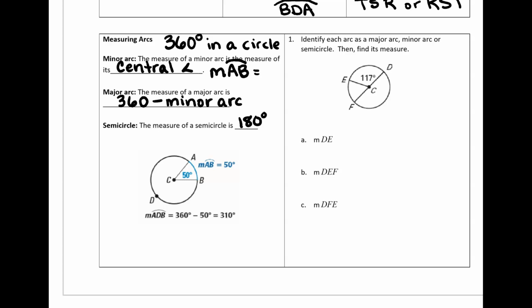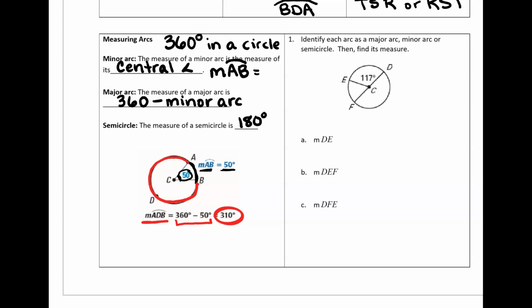So as you can see in this example, you have central angle of 50 degrees. Therefore, that arc AB, notice the notation, is equal to 50 degrees. Now, to find the major arc, so we would go around here, you say the measure of the major arc, ADB, is equal to 360 degrees minus 50 to give you 310 degrees.